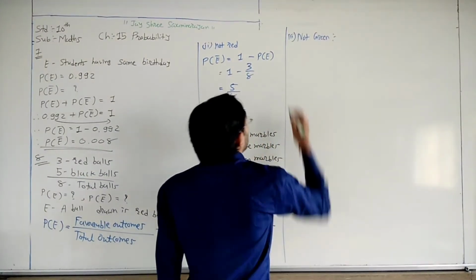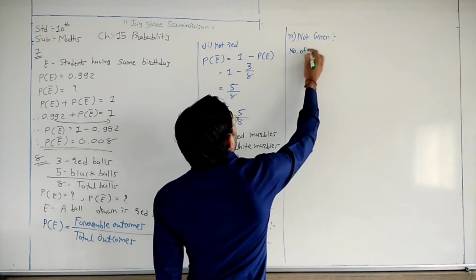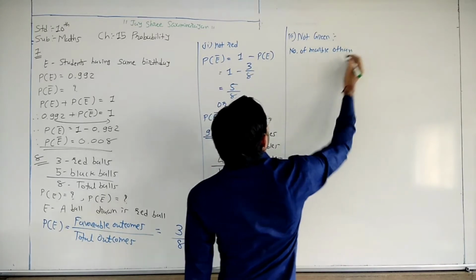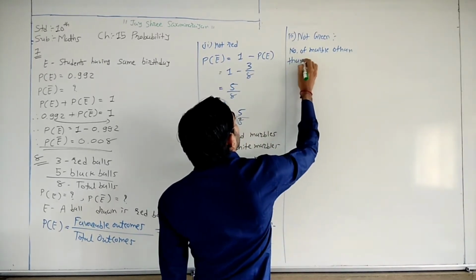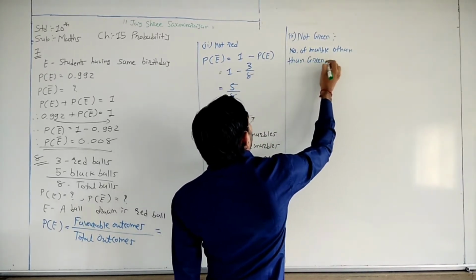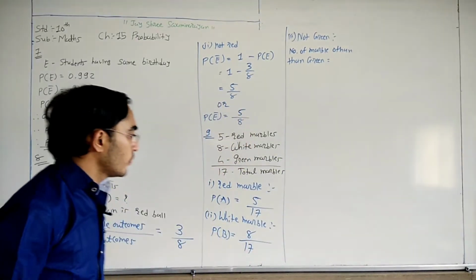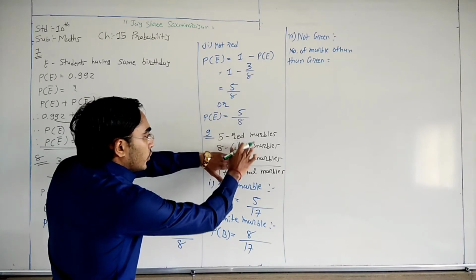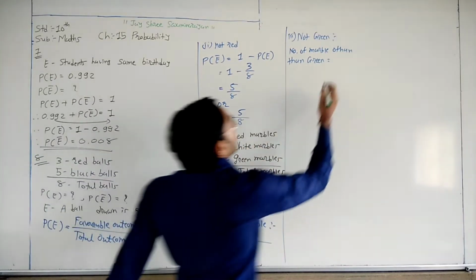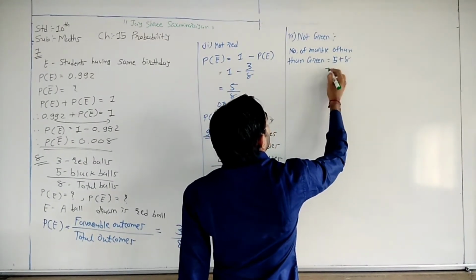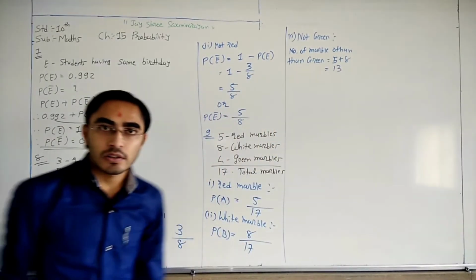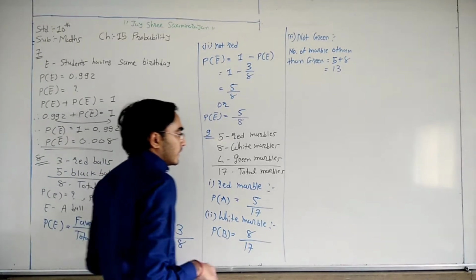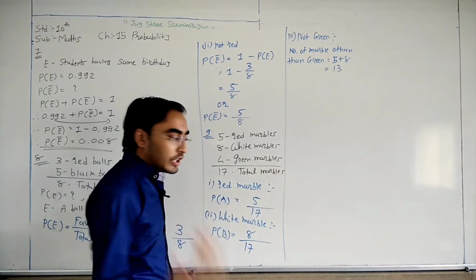Number of marbles other than green is equal to, now other than green, that means white and red. So now we need to add this 5 and 8. So 5 plus 8, 13. Number of marbles other than green, not green, it means other than green.